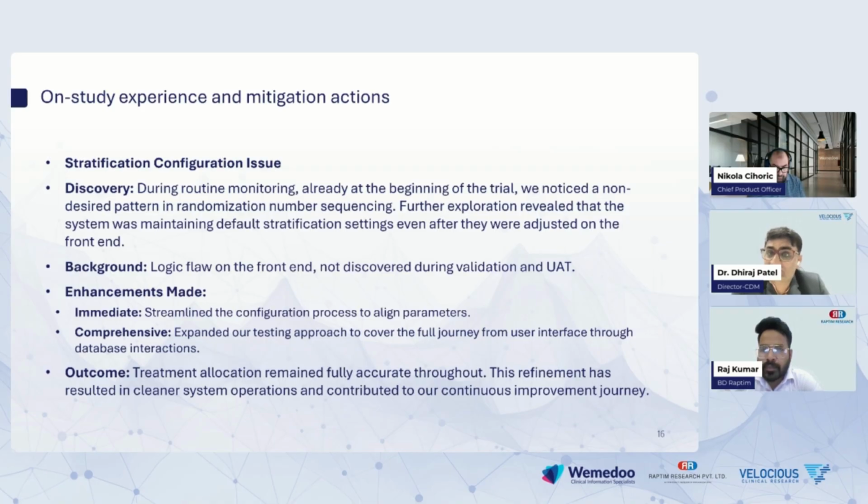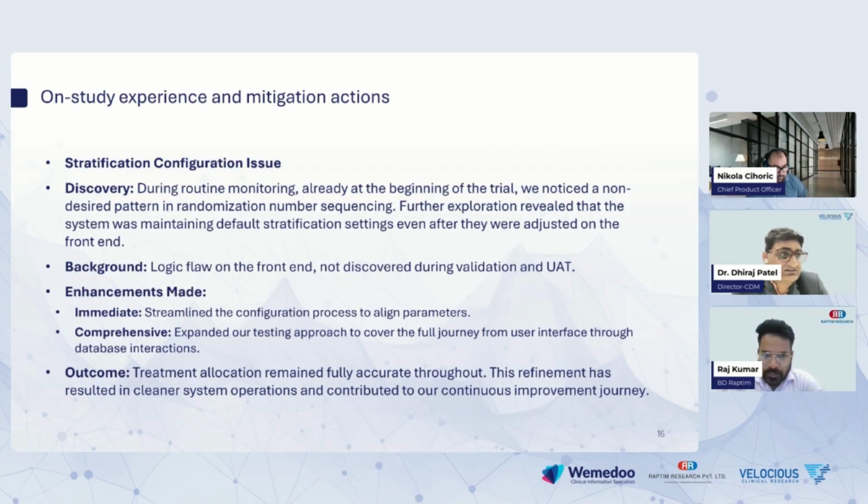Another minor issue happened with the randomization configuration. It was not followed as per the stratification, right? Even though there was no impact on the randomization, we saw that the randomization numbering was not in sequence.